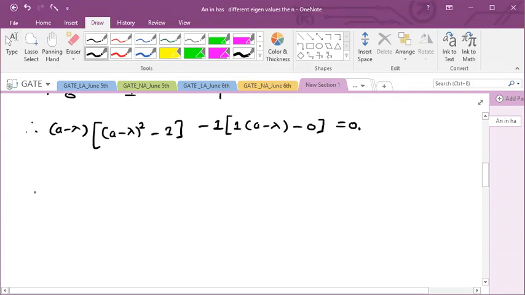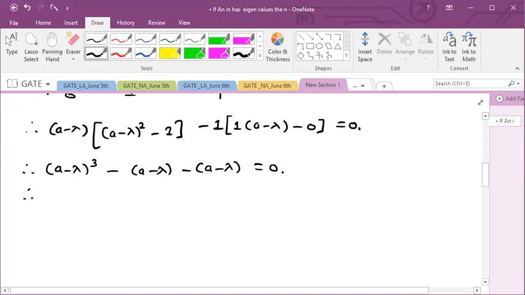Okay. So after simplification, I will get (a minus lambda) multiplied with both of the terms. So (a minus lambda) whole cube minus of (a minus lambda). This will become minus of (a minus lambda), and minus 0, no issue, is equal to 0. Therefore (a minus lambda) whole cube minus 1 minus 1 minus 2 times (a minus lambda) is equal to 0.